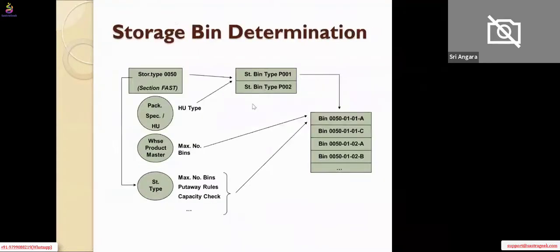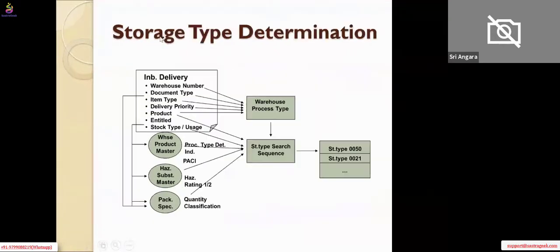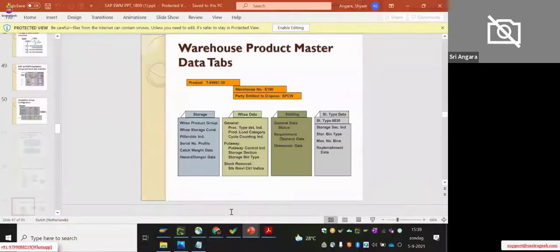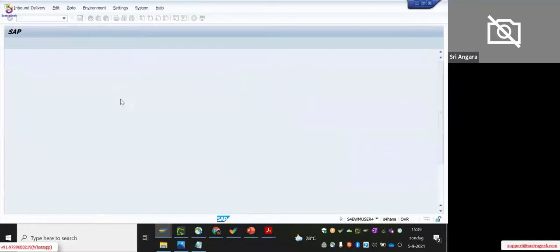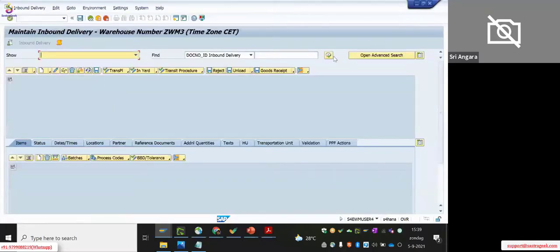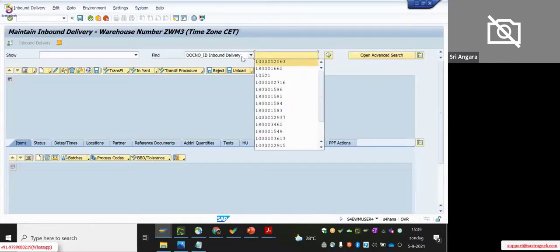Now, as I said, how the storage type determination is going to happen, let's try to do it in the system. If you can remember, I'm using one of my internal systems only, because we have continued our last session in this one.